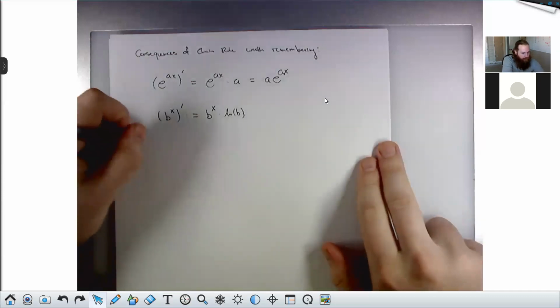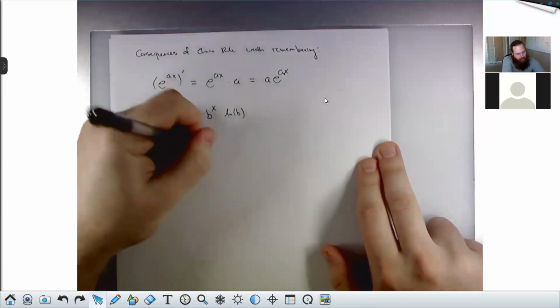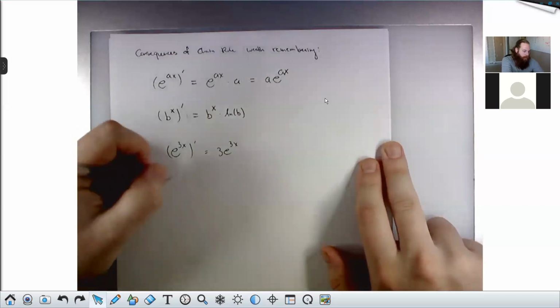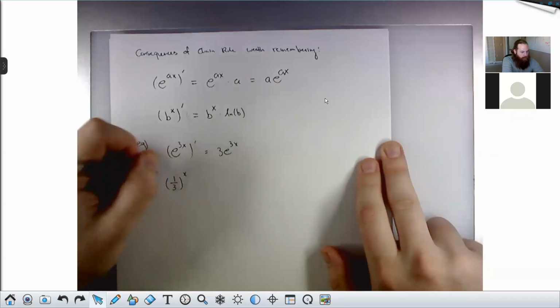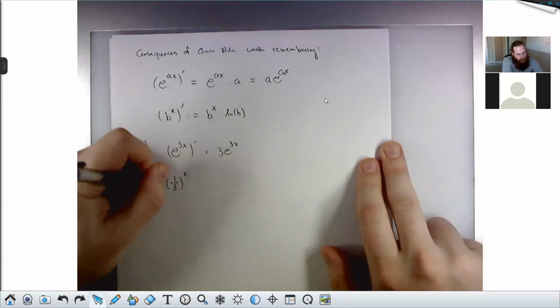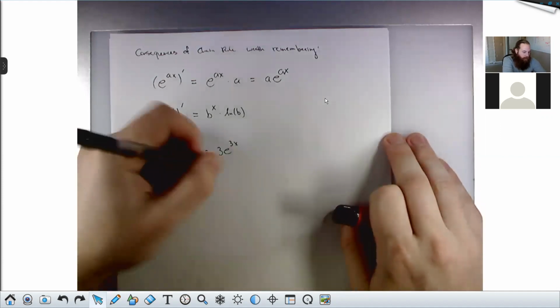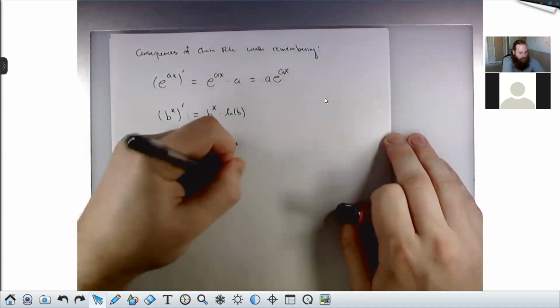An example or two. The derivative of e to the 3x is 3e to the 3x. The derivative of (1/3) to the x, maybe I'll write it with the d/dx notation instead of the prime notation, is going to be (1/3) to the x times the natural log of 1/3.